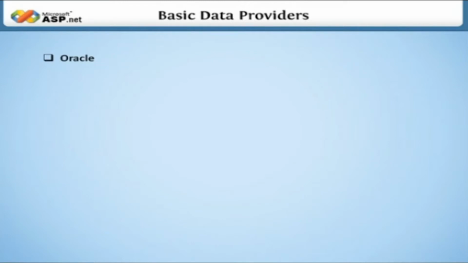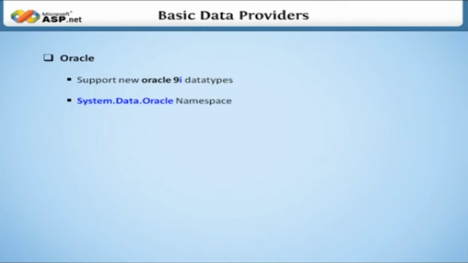If you build an application using .NET with Oracle as back-end database, you can use Oracle Data Provider to support the new Oracle 9i data types, as well as cursors useful for running Oracle stored procedures that return the result set. Oracle Data Provider resides in the system.data.oracle namespace. In our training course, we're going to discuss all the database examples with SQL Server.